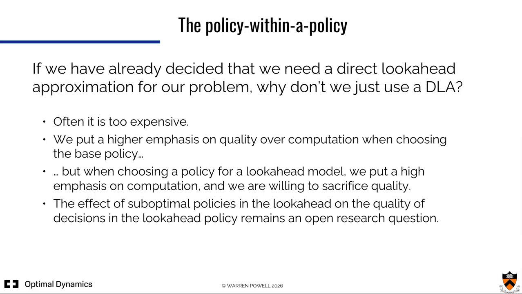Now, the question is, well, wait a minute, I've already decided that I want a DLA policy for my problem. Why aren't I just using a DLA policy in the future? The answer is often because it's too expensive. I have many possible states in the future because of simulating all the possible sources of randomness. Furthermore, the decision I'm going to implement now, I really want high quality, whereas decisions in the future, I'm not actually going to implement those decisions.